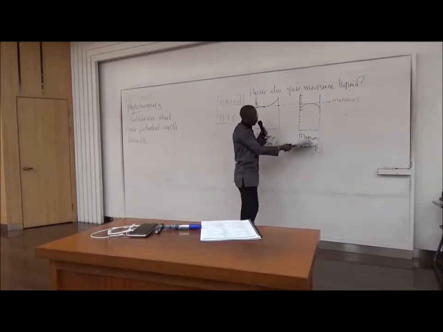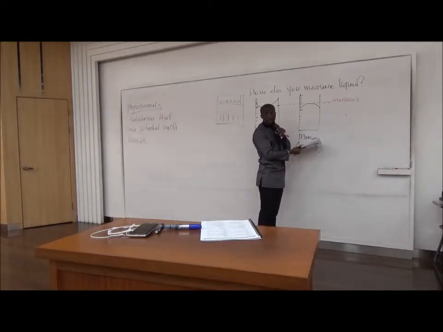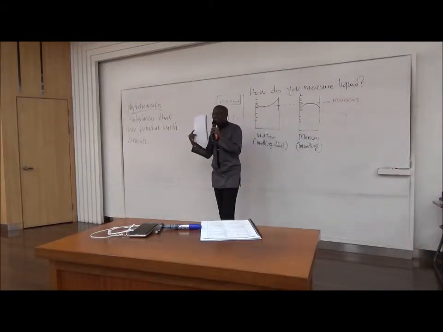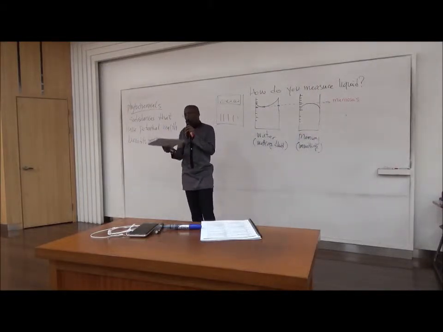And if you need to read other forms of liquids like mercury, it depends on the shape that you're going to see. So the shape here, as you can see, is a convex one. It's like your lens. You have concave, you have convex.